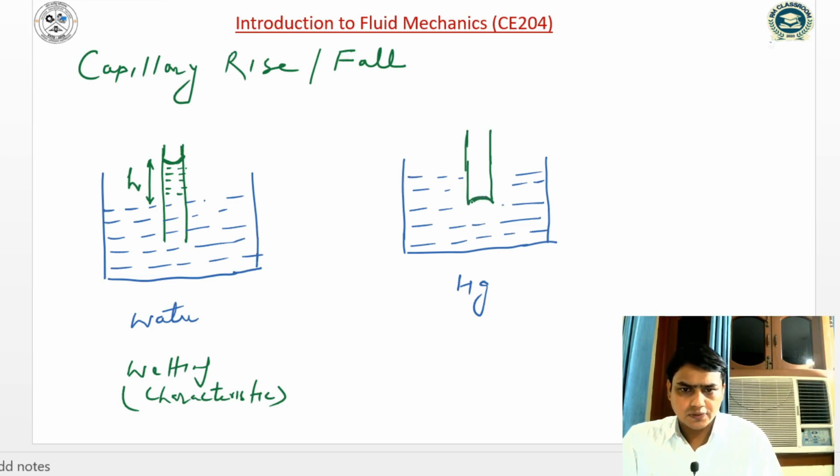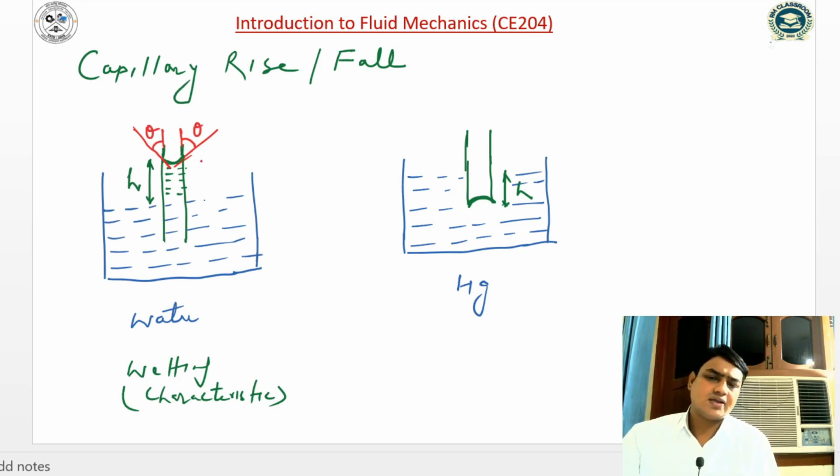So it will look like that, and this height is called h. If I draw a tangent at this portion, here we can see that the angle, this is theta, this is also theta. So here we can see that the angle of contact theta is less than 90 degrees. This is the example of capillary rise.